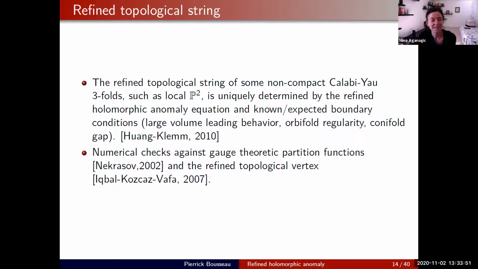Amongst these conditions, the one which is the least trivial is a thing called the conifold gap condition, which tells you that if you look at the behavior of this function Fg near the conifold point, then this function has a pole of some order, and the subleading terms should be regular, which would mean that all the coefficients of the subleading poles should be 0.